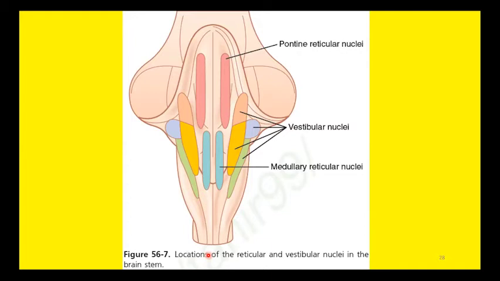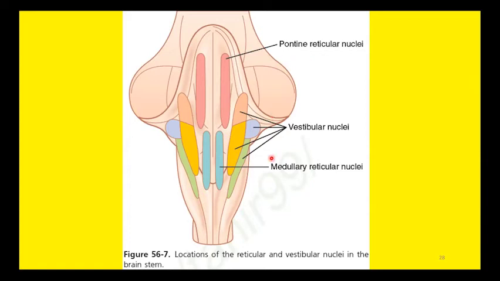And what is reticular formation? Reticular formation is the group of nuclei in the brainstem, and this group includes nuclei of pons, the pontine reticular nuclei. Here you can see on each side they are located at the level of pons.